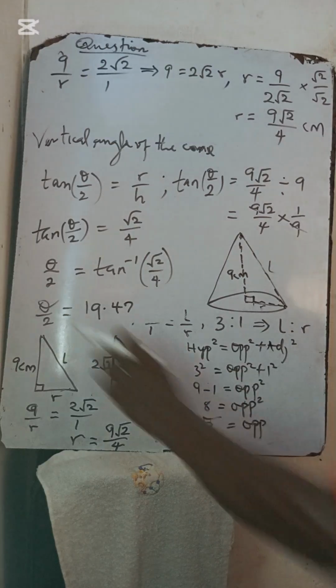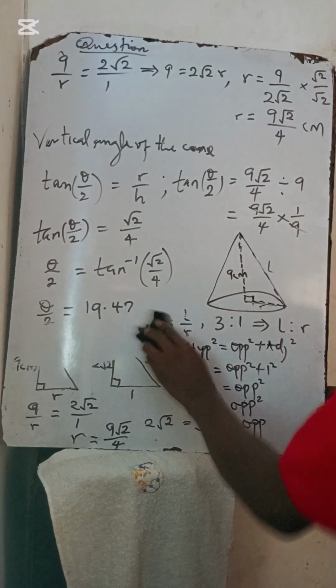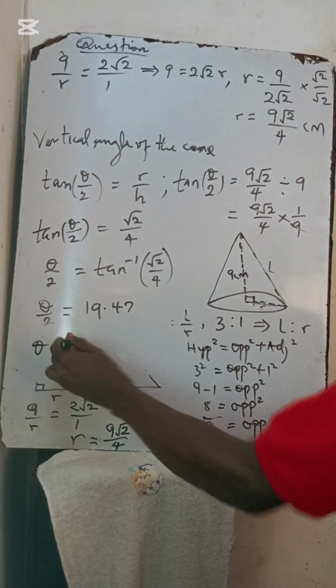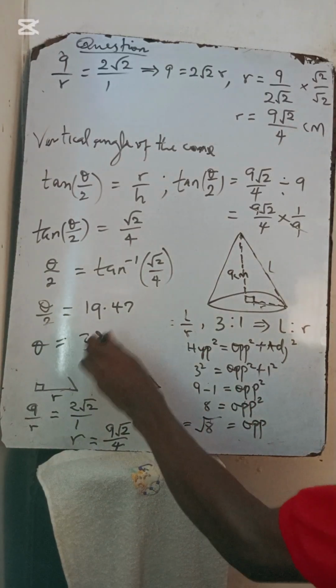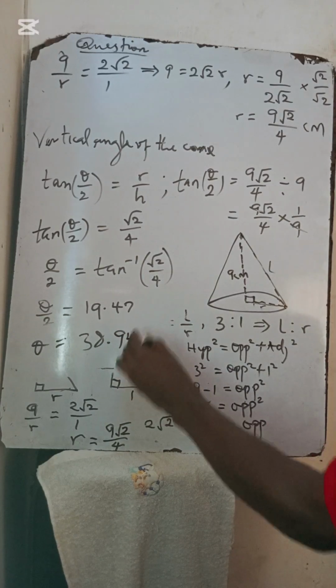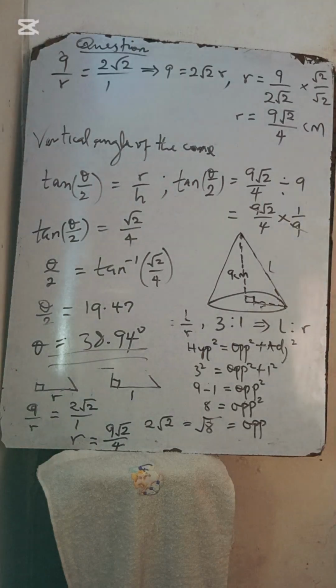And when we have it this way, we can now cross multiply to know the exact value for the angle theta. That makes us have 2 times 19.47, and that is 38.94 degrees. So this is the vertical angle as it is required. Thank you for watching.